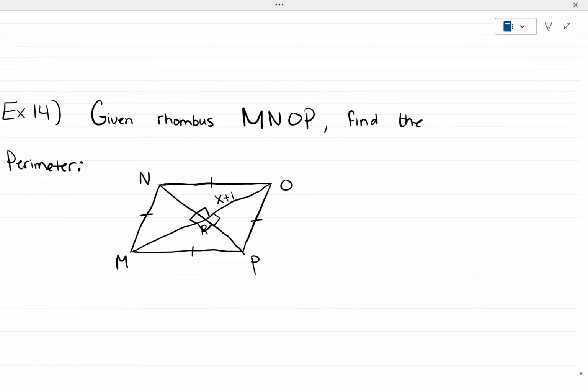So find the perimeter. So I gotta find this length, this length. Well, actually, I just gotta find this length because in a rhombus, all side lengths are congruent. So let's see here. Maybe we can draw a triangle. Let's look at this triangle right here.